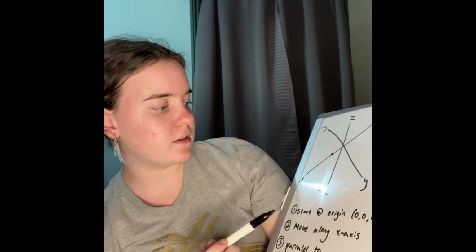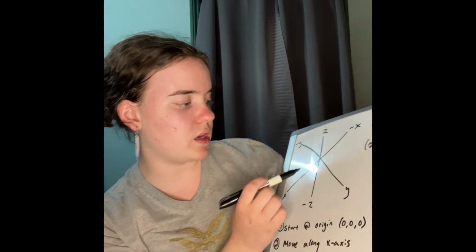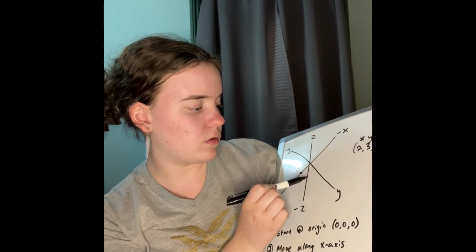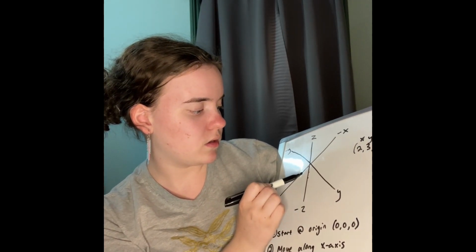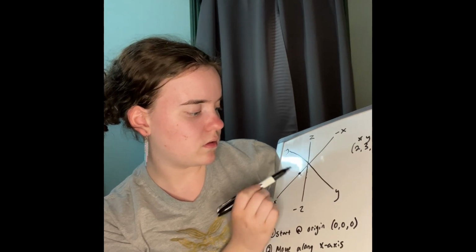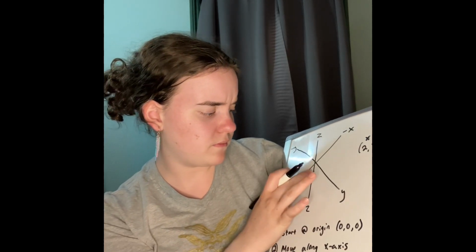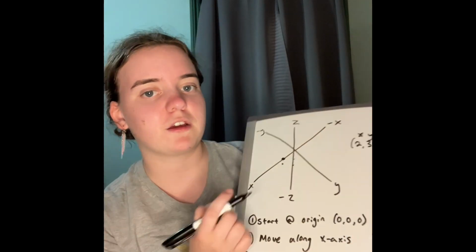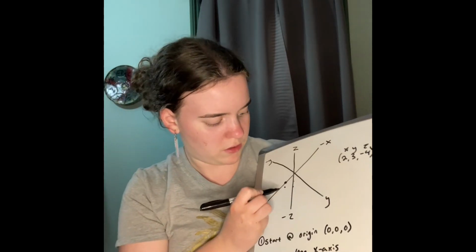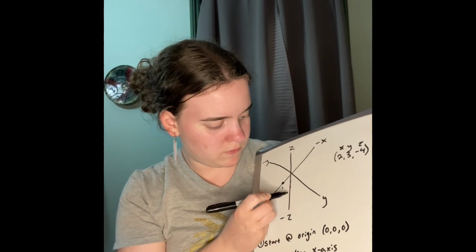And then parallel to the y-axis, which is 3, 1, 2, 3, and then down to there. Yeah, you're going to go down to where the 3 is, and then up or down the z-axis, so it's -4, so we're going to go down 1, 2.